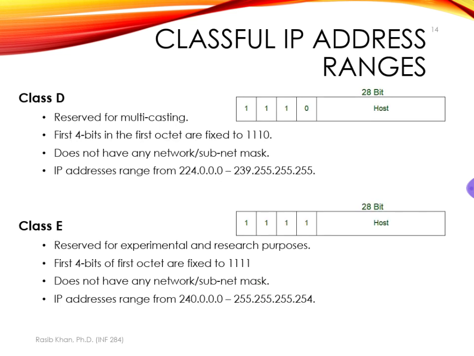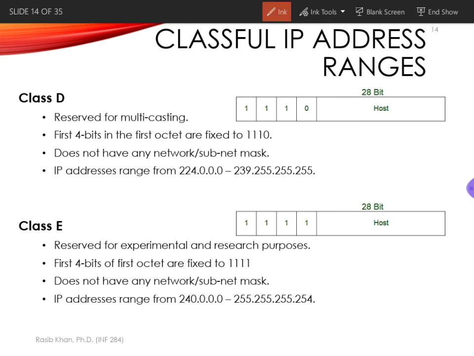However, there are still two more classes, classes D and E, which are special classes of IP addresses. So class D IP addresses are reserved for multicasting, and here the first 4 bits are set to 1, 1, 1, and 0. They do not have any network or subnet mask because this is a special multicasting address.